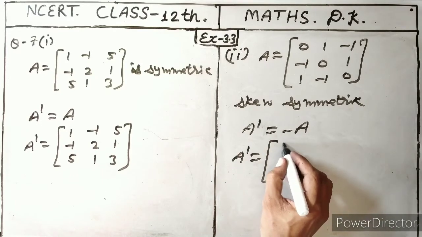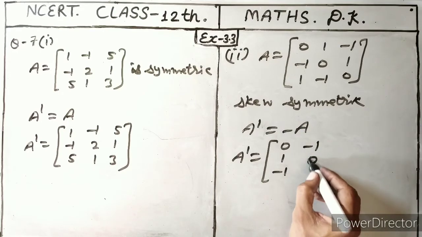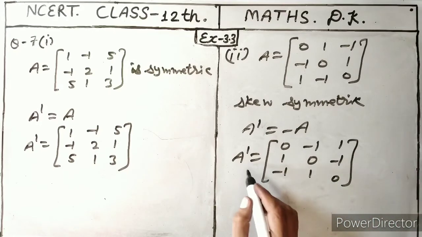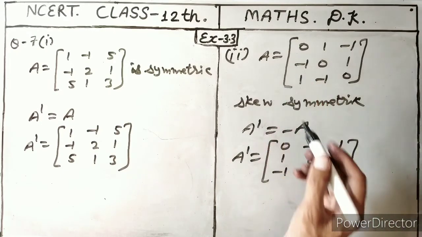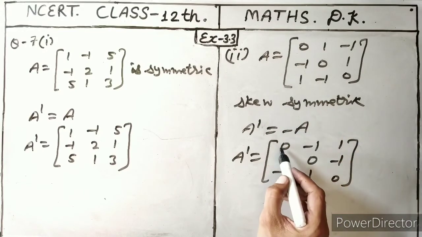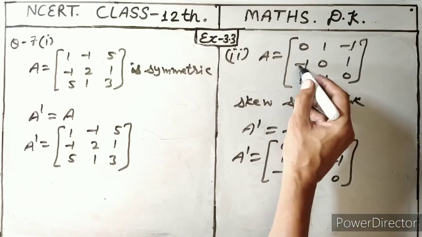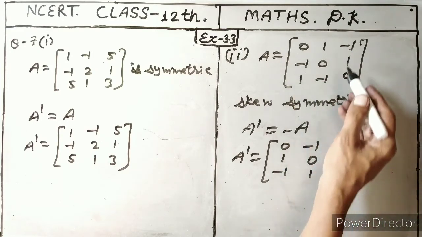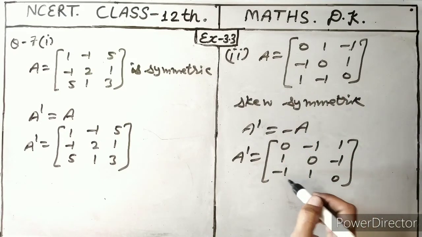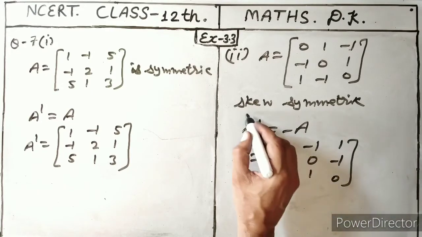It means A transpose is 0 1 minus 1 minus 1 0 1 1 minus 1 0. This is A transpose and this is A. This transpose is negative of A. It means A transpose is negative of A. So this is skew symmetric.